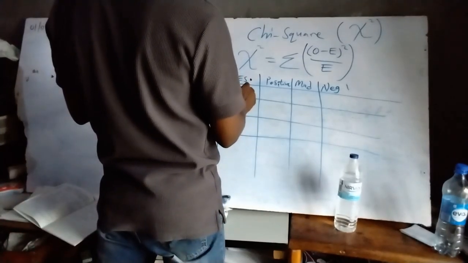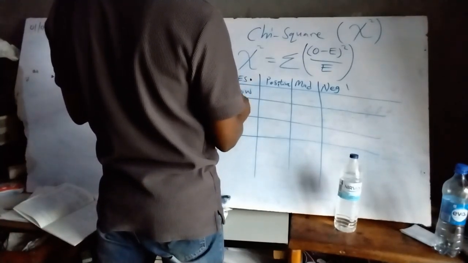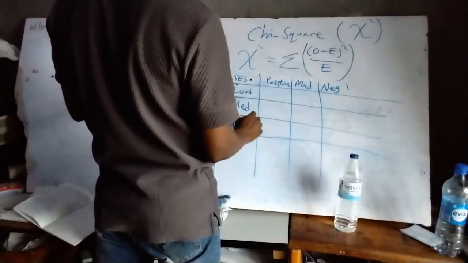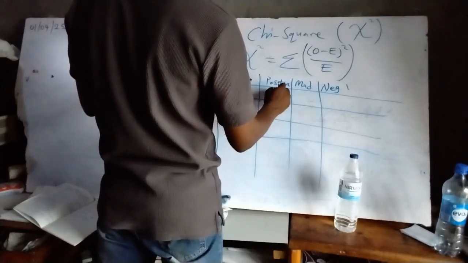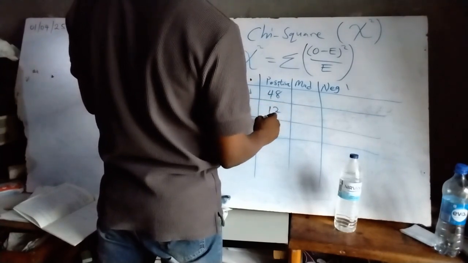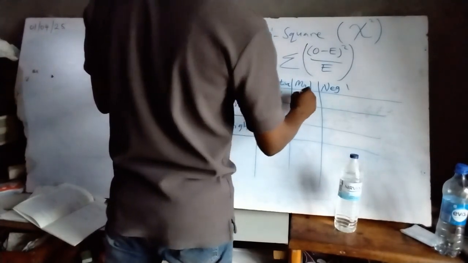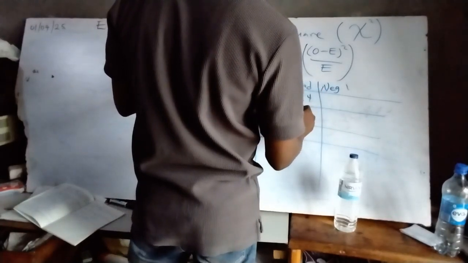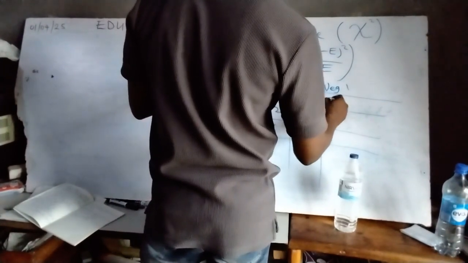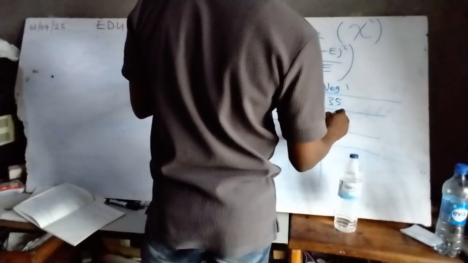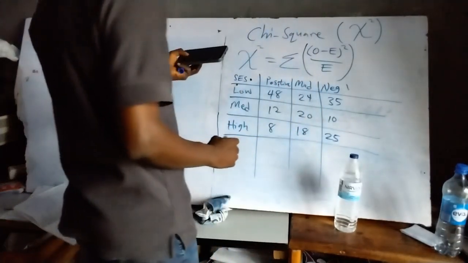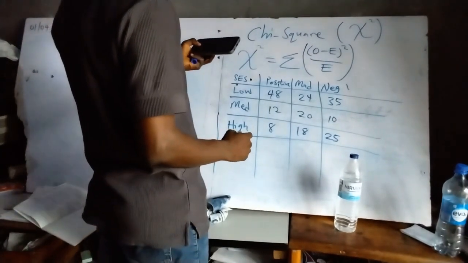So we have on here, we have low, medium, high, and we have here 48, 12, 8, 24, 20, 18, 35, 10, 25. State the appropriate research question and suggest a suitable null hypothesis.